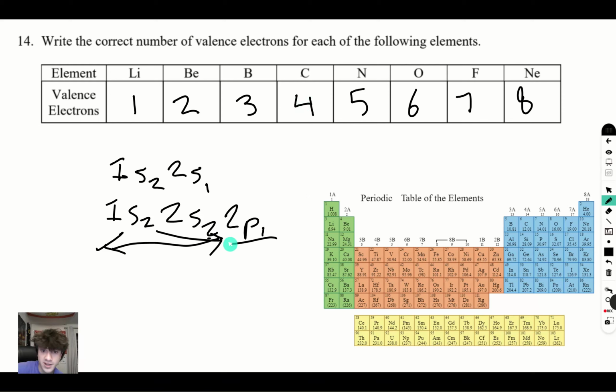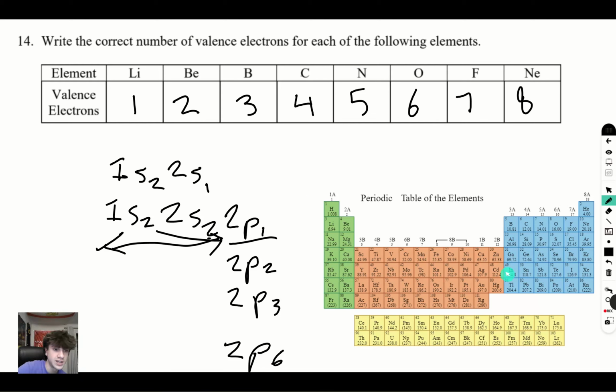So for carbon, this is going to stay the same, but carbon's going to be 2p2, nitrogen's going to be 2p3, so on and so forth until neon 2p6, where the 2p orbital is filled up because, as we can see, the p orbital can only accept 6 electrons.